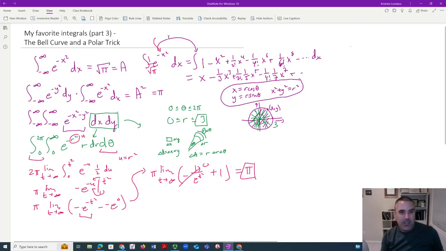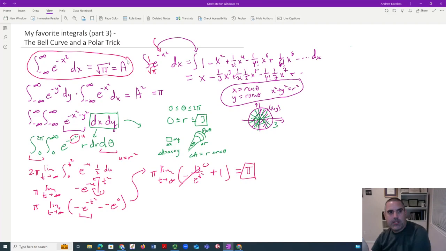But anyways, this is an essential part of probability in the bell curve, is knowing the value of that integral. So I would say this is one of my favorite integrals, and it's just cool how we use polar coordinates in this very unusual way to ultimately take something where we couldn't use substitution and turn it into something where we could. All right, hope you find that interesting.